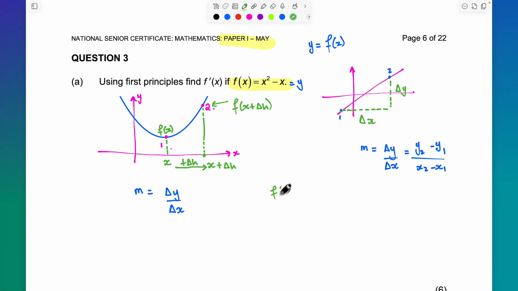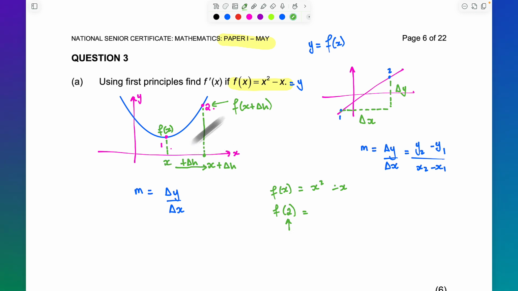Remember, your f of x expression tells you the f value that you get out depending on your x input. For example, if I say my x value is equal to 2, I can put 2 inside here. So whatever your x value is at that point, that's what goes into your graph, and it determines the y value that you get in your output.